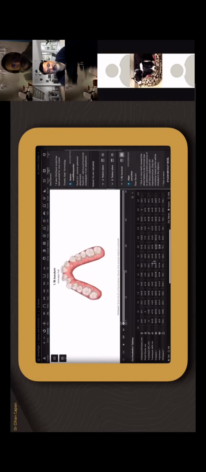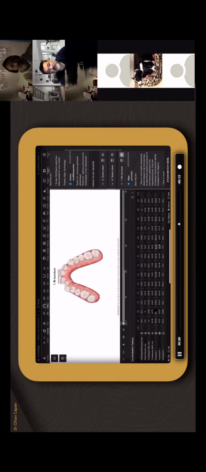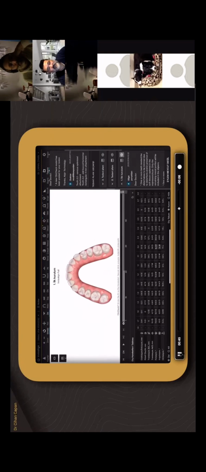But if you look at the numbers, you can see that we have 5.3 millimeter distalization on 17 and 4.7 for 16. So that's a huge number for distalization. So it's not predictable. So I changed my treatment plan to extraction.